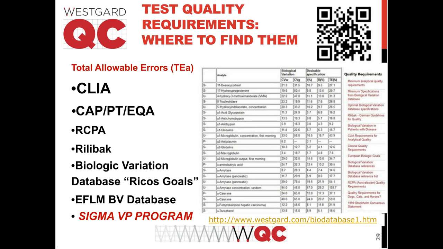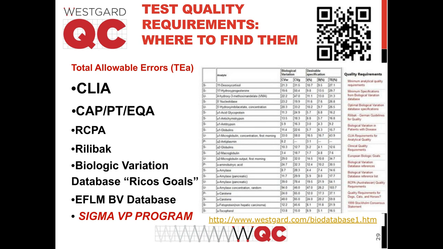And outside the US, there's the RCPA for Australians, the RiliBAK for Germans. There's a biologic variation database known as the RICOS goals that's on our website. There's a more updated database hosted by the EFLM. And almost all the resources you see here, we make available on the Westgard website for free.